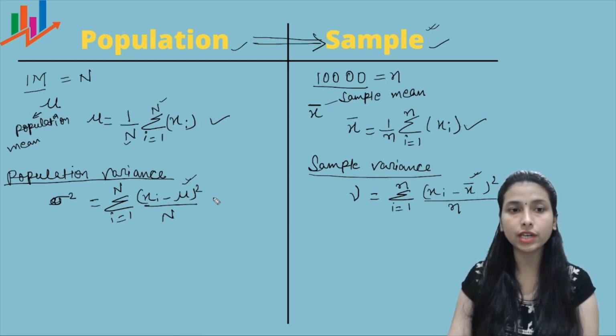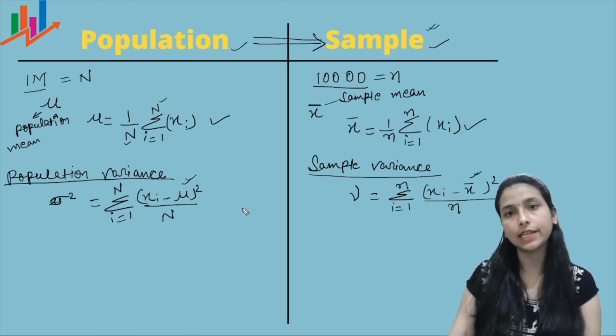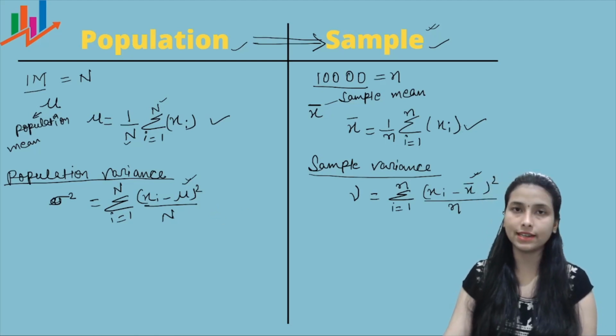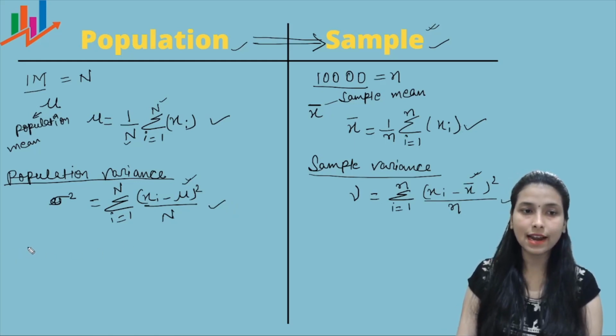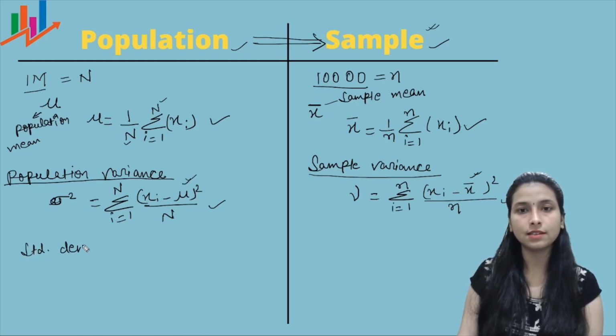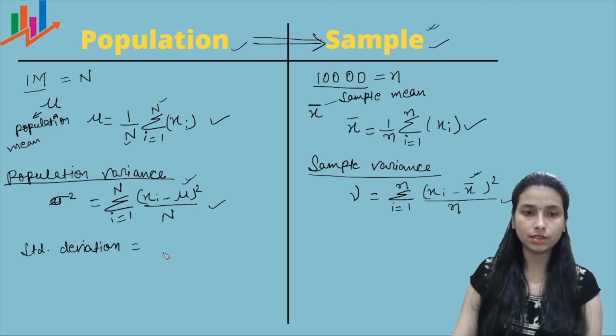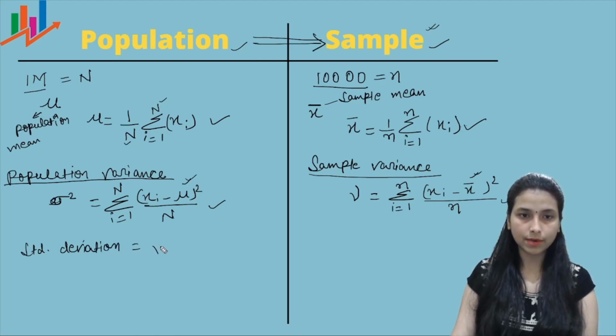If you have to find the variance of population data or the variance of sample data, you can use these formulas. Now one more thing: the standard deviation of the population is represented by root under the population variance.